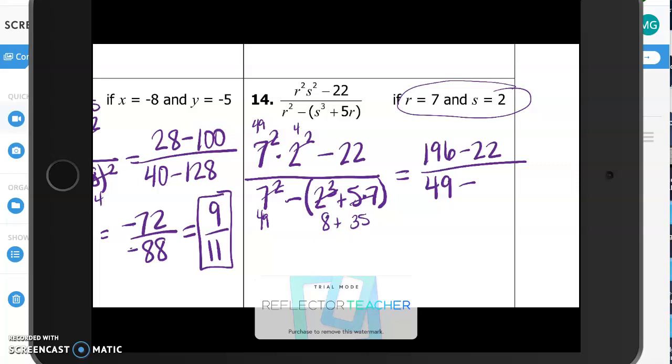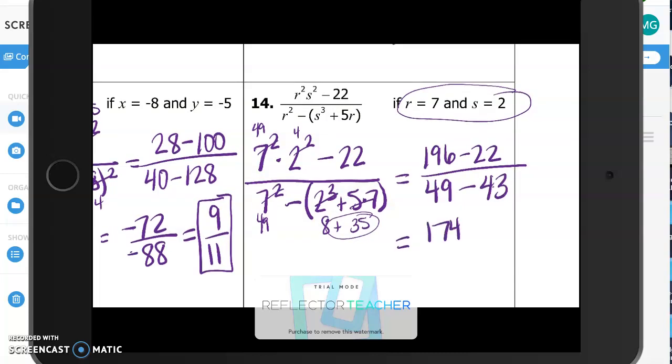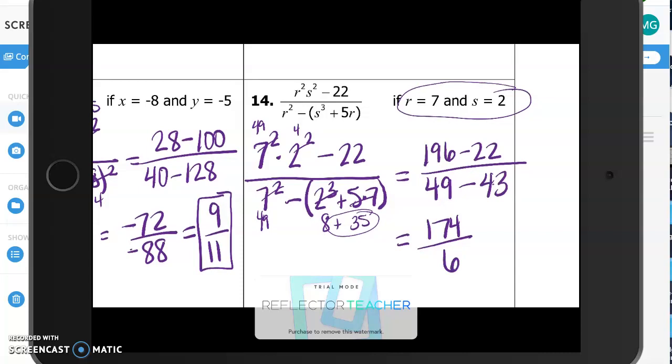So 8 plus 35 gives me 43. So this part right here is your 43. 196 minus 22 gives me 174. 49 minus 43 is 6. So 174 divided by 6 is 29.